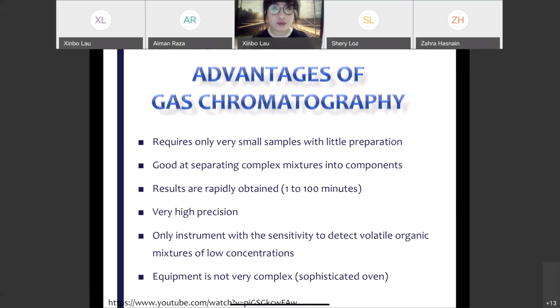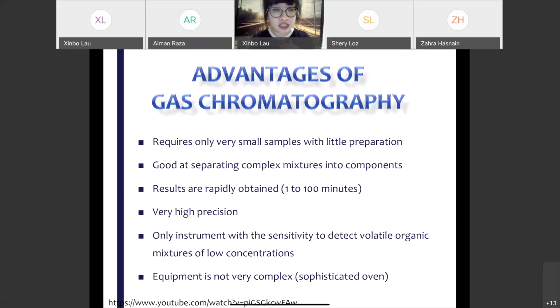Otherwise, if you have to sit there and wait for hours, that's not good, and we need to adjust our parameters to make the separation happen faster. We don't want to sit there for hours just to wait for one result. So that's another advantage of GC: you do get results quite rapidly.